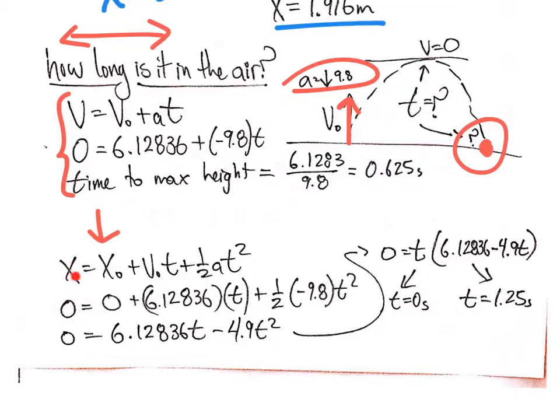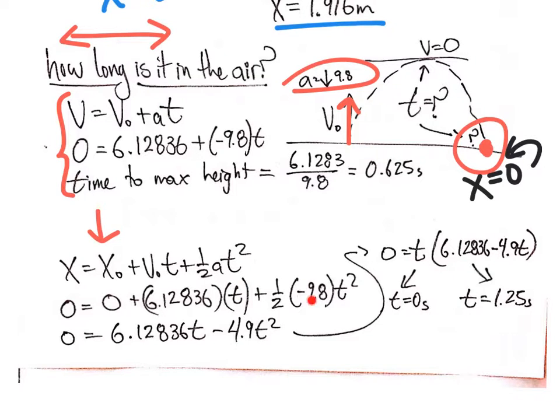Essentially, based on the information that we wrote above as well, final position is 0. I should have written this out separately, but final position would be 0. That's a vertical position, back on the ground. Initial position, 0. Initial vertical velocity, like before.